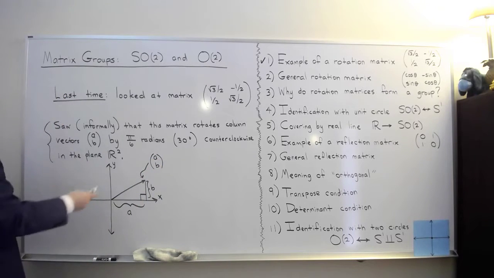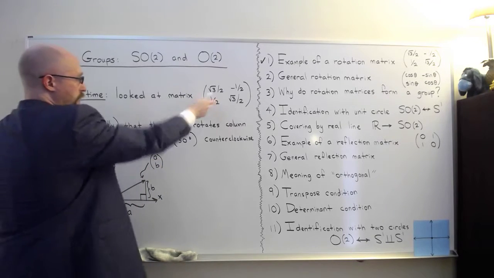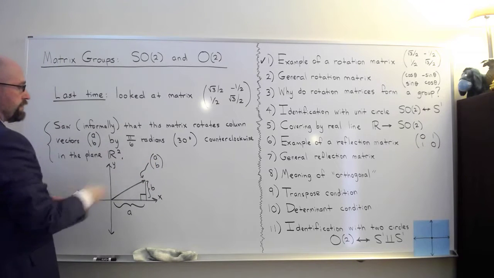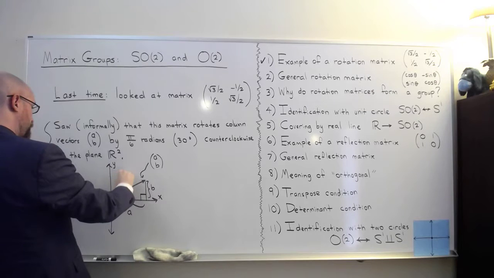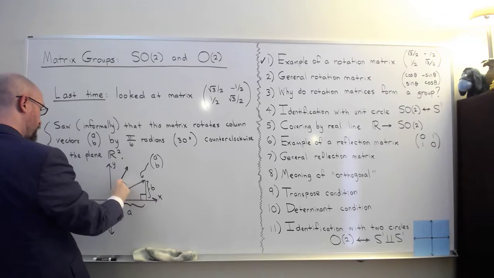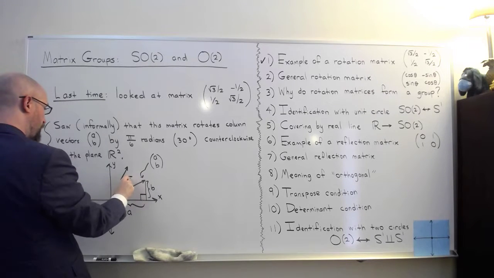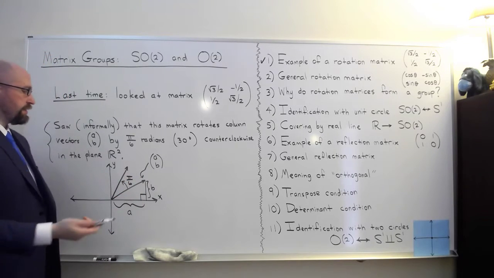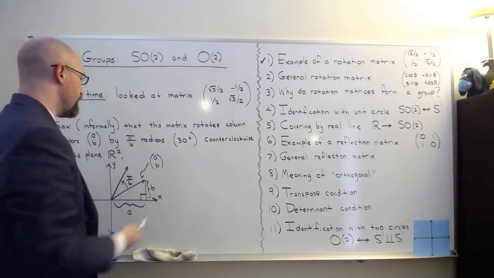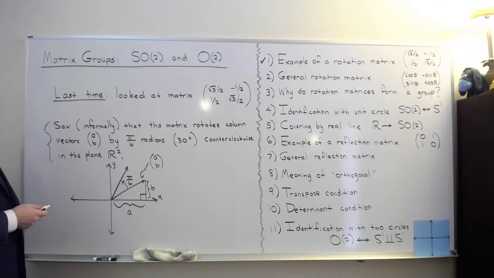And we saw that what this matrix does when you multiply this vector on the left by the matrix, it would take that same vector and rotate it this way through an angle of pi over 6. And we did a few examples to see that it really does that. We didn't prove that it does that in general.